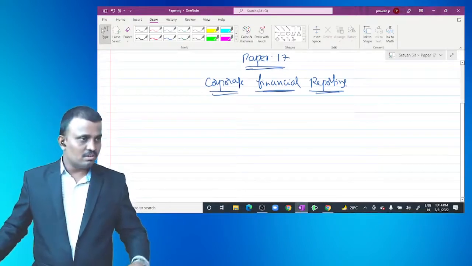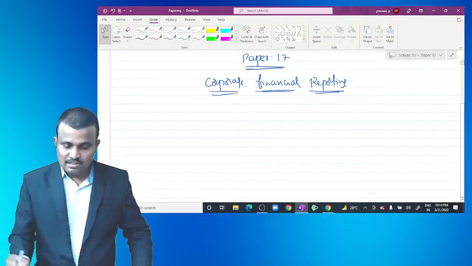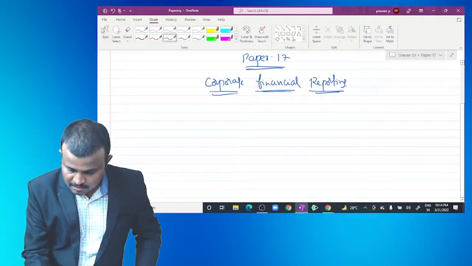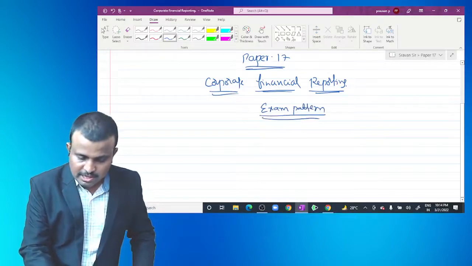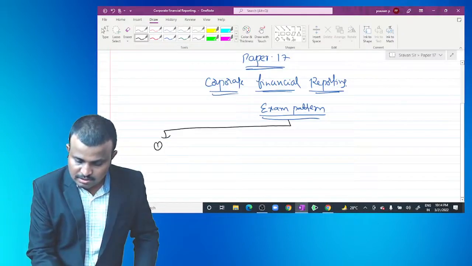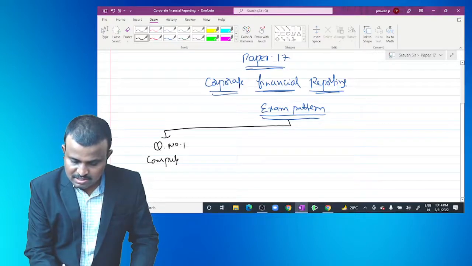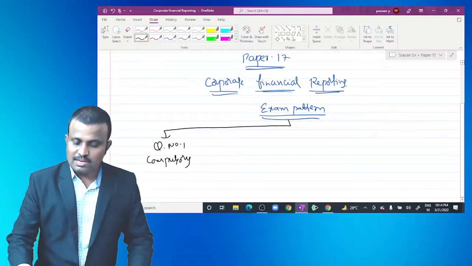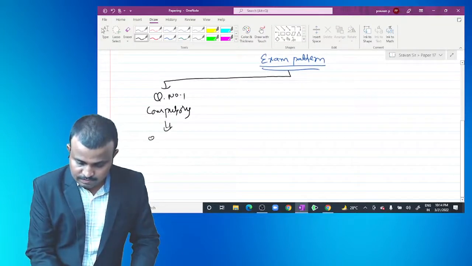let's have a look at the total syllabus and the exam pattern. Coming to the exam pattern relating to the CFR, question number one is a compulsory question with objective questions.